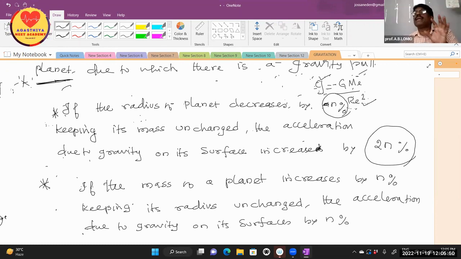I'm going to fix the radius, keeping the radius constant. And if you increase the mass of the earth, the acceleration due to gravity also increases. If the mass increases by n%, proportionally, the acceleration due to gravity increases by n%, because both are directly proportional. Understand?